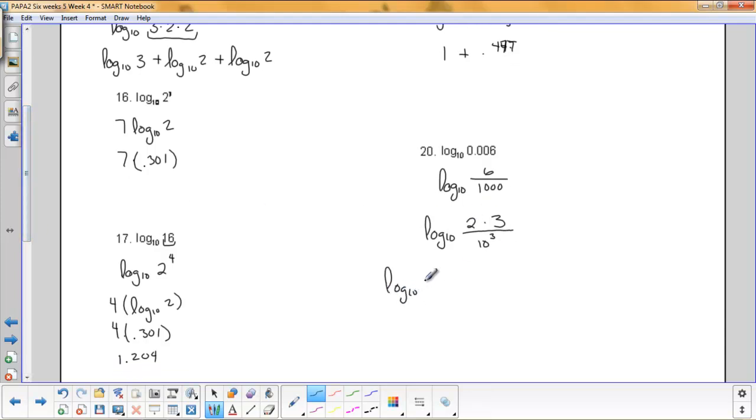Log base 10 of 2 plus log base 10 of 3 minus 3 times the log base 10 of 10. So that's going to be 0.477 plus 0.301, and this number here becomes 1. 1 times 3 is 3, and there is your answer.